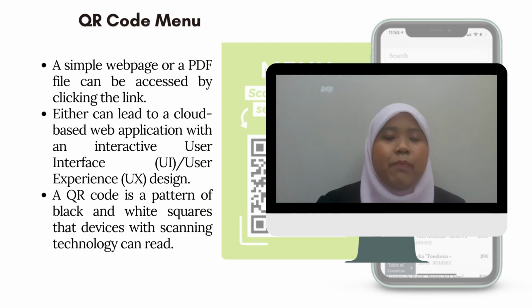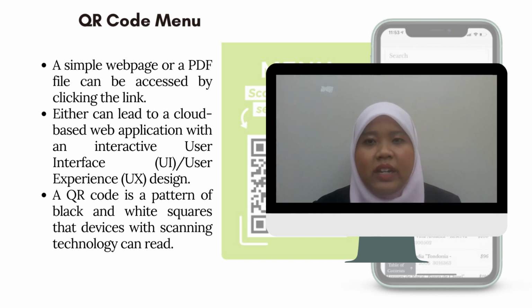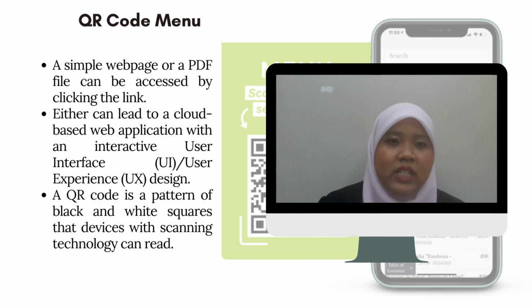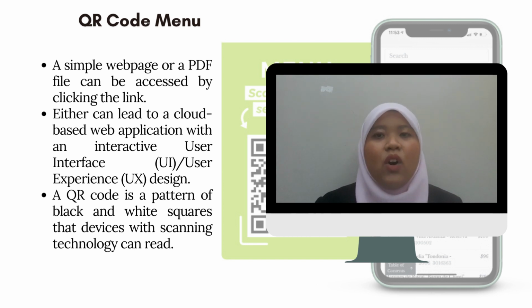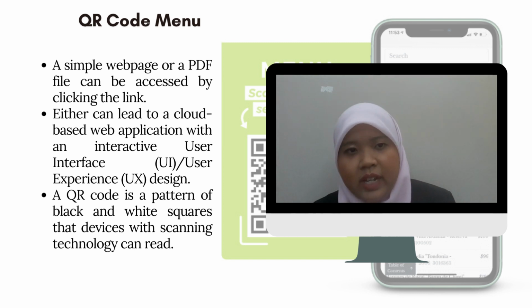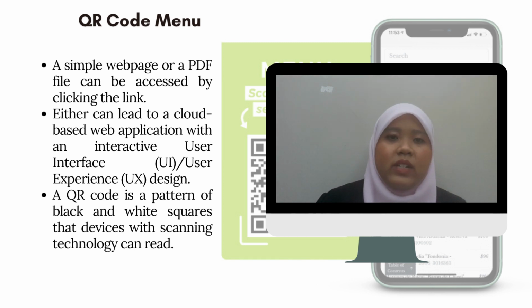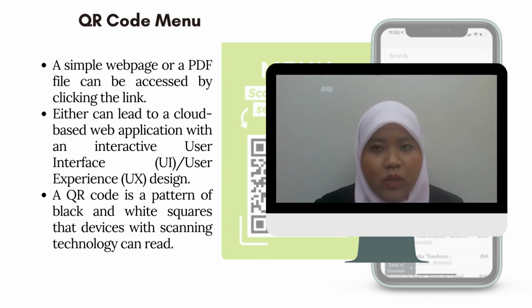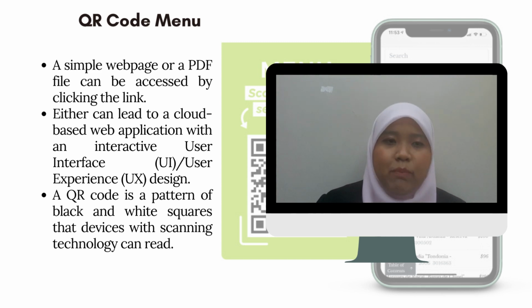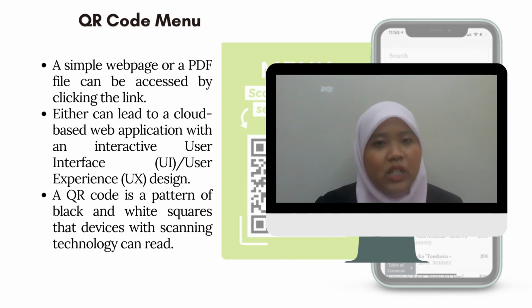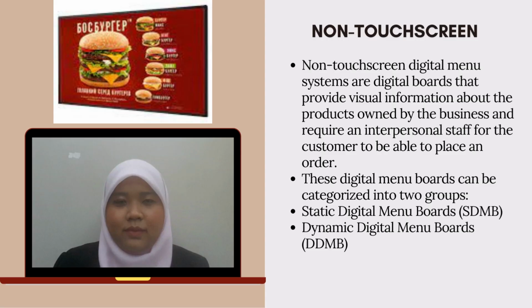A QR code is a pattern of black and white squares that devices with scanning technologies can read. URLs or other types of information are often stored in the QR code. After that, a PDF menu is a digital version of a paper menu without any digital modification and has not been adapted for electronic devices, while a web app menu is a digital menu designed for the use of a tablet or smartphone.